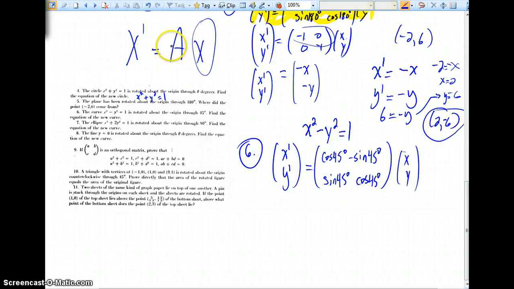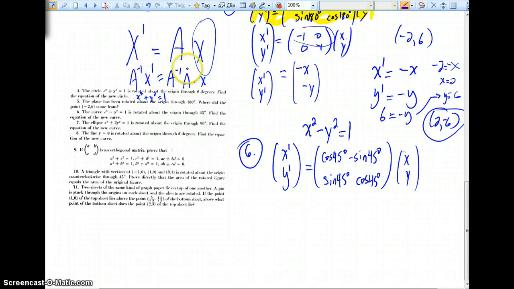Now, please understand that matrix multiplication depends on order. It matters what comes first or second. I have no choice but to put A inverse in front of A, that is to the left of A. And then I'd have to do the same thing over here.